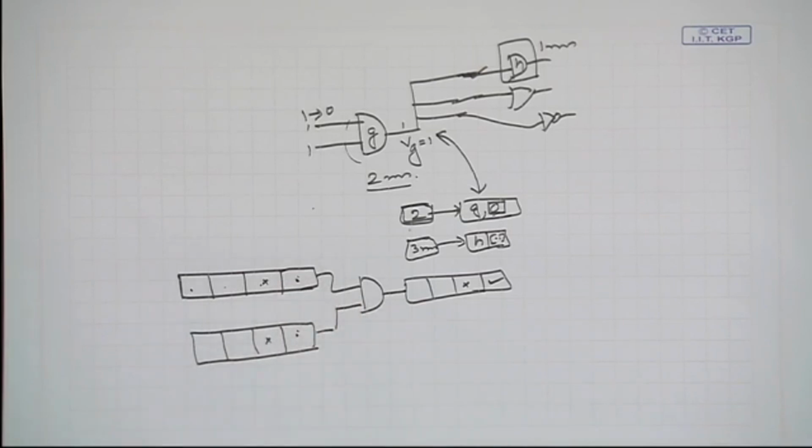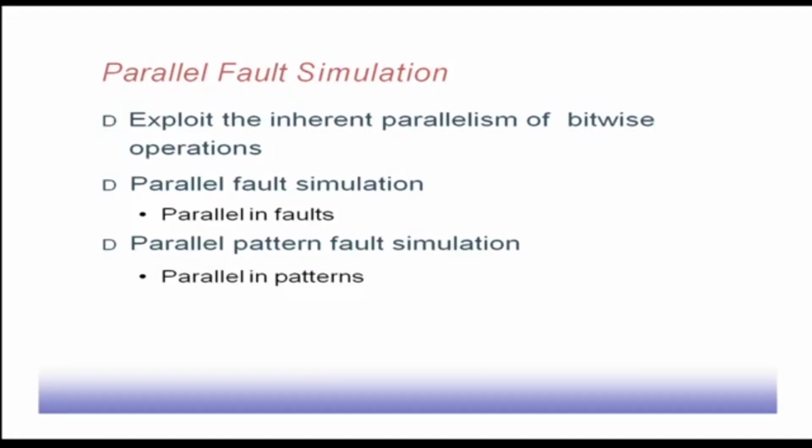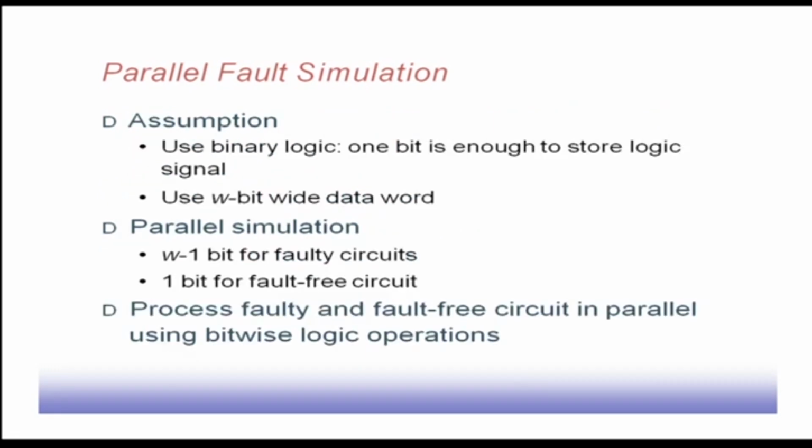Accordingly, we get 4 different values for the same signal line. That is the theory of parallel fault simulation. Another one is parallel pattern fault simulation. Here we are simulating a single fault, but I take 4 such patterns, combine them into one chunk and do the simulation together. So both versions are available, and we will see them one by one.